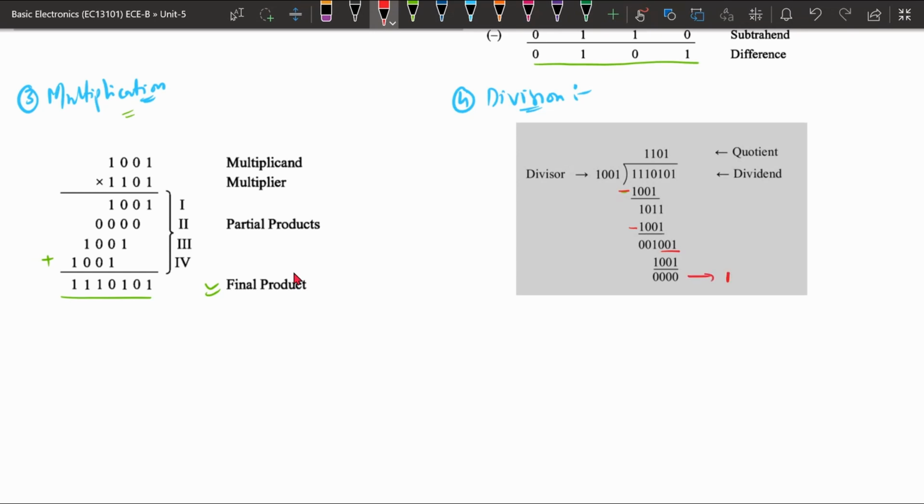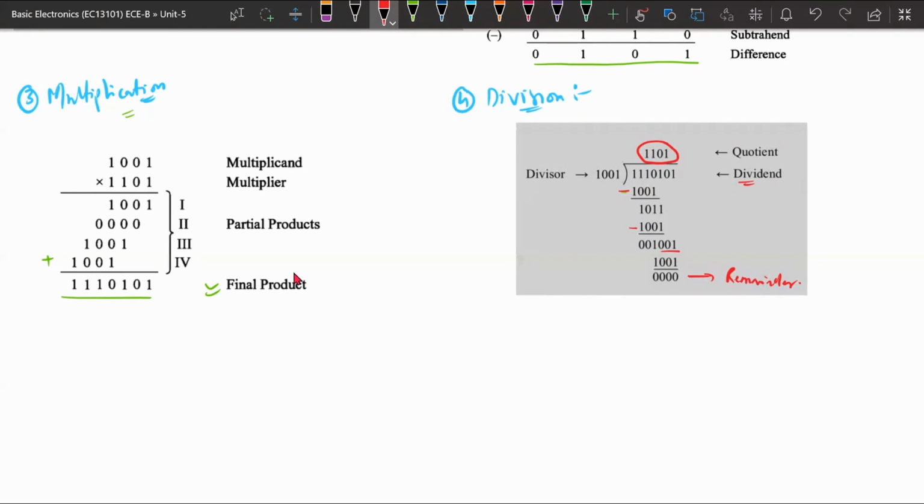So this is your remainder, this is the divisor, and the result will be the quotient 1101. That is the quotient, and this is the dividend, which we are dividing by the divisor 1001. So similar approach we can use in case of binary division also.